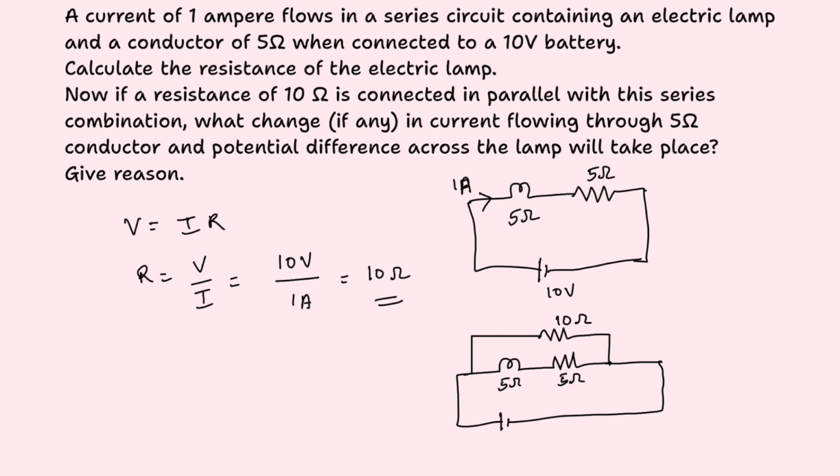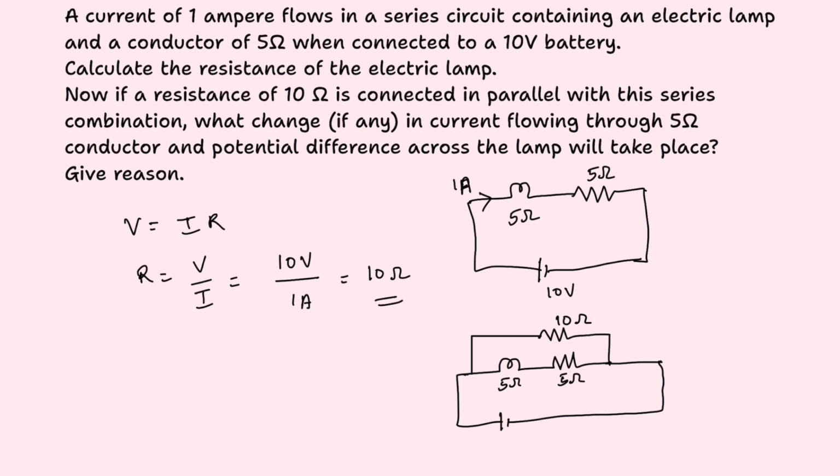But now what happens? The current comes here in this circuit and then it divides into two different currents. So the current gets distributed. This is the key learning for this question. Current gets distributed in a parallel circuit.